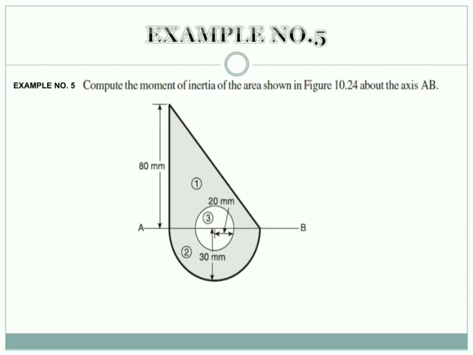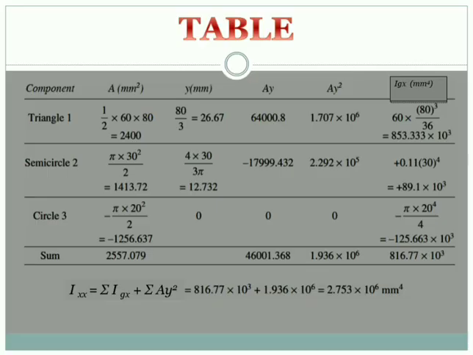So let's go ahead with the table, draw the figure properly, mark all the dimensions. Okay, so now the same table which we have to fill. First component in the table is a triangle. Area of the triangle is half, base into height, half into base is 60 and height is 80. How we got the base?